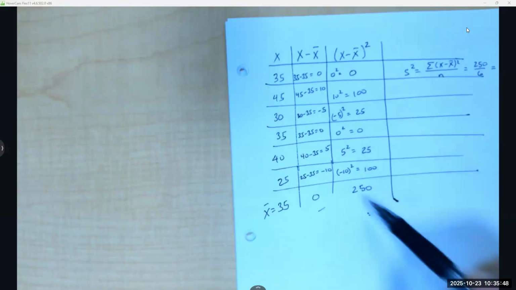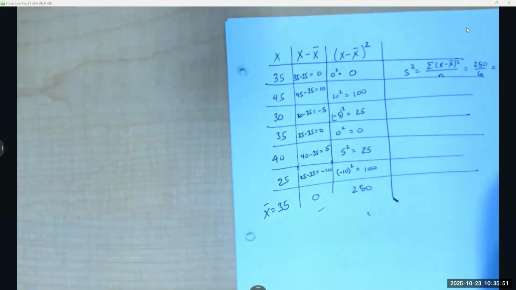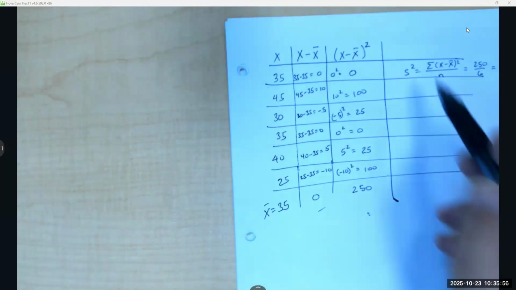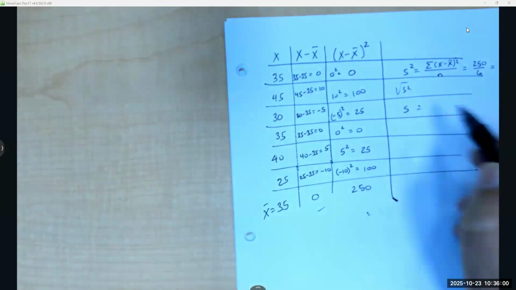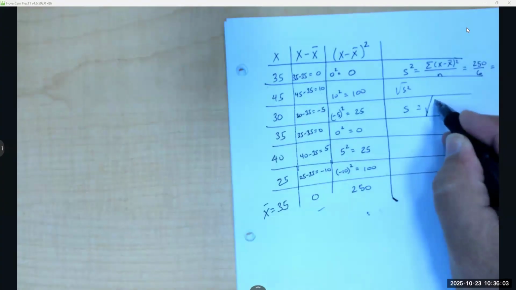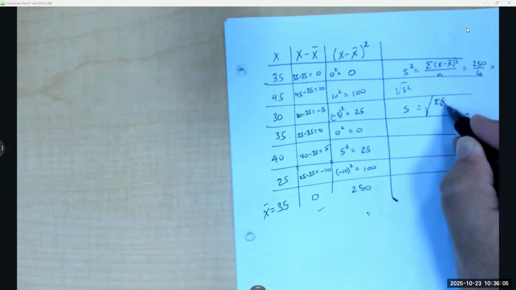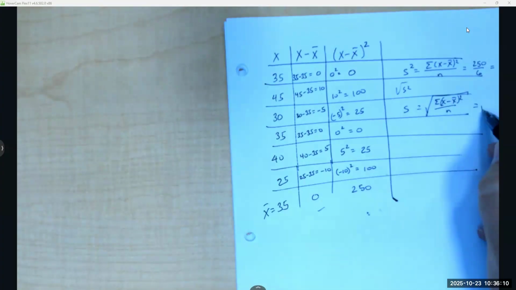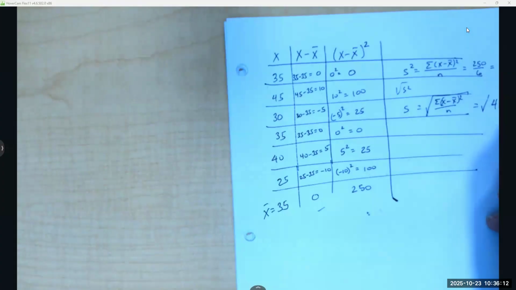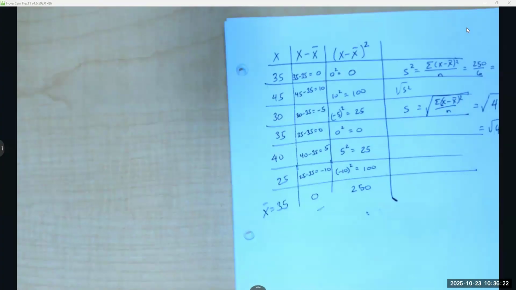In other words, if we took this number first and if we didn't round it up, and then we took the square root of it to find the deviation, is there going to be a difference between these two numbers?